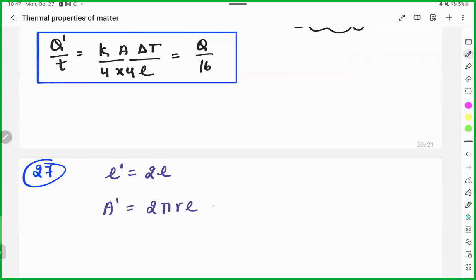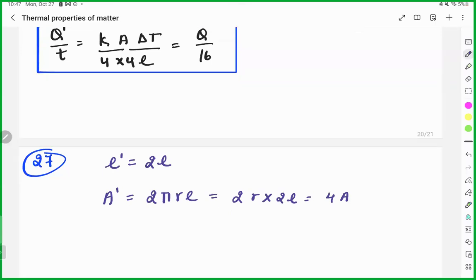So the radius will be doubled and the length will be doubled. So can we say the new area will be 4 times the original area? Area becomes 4 times, length becomes 2 times.